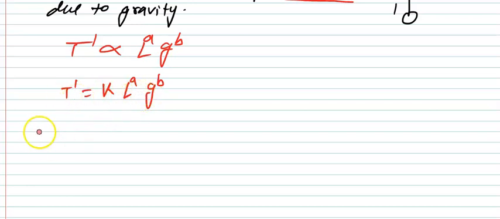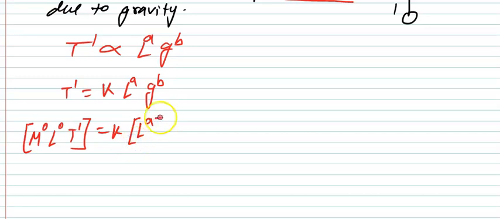Because t comes in the 7 base fundamental quantities, can I write m to the power 0, l to the power 0 and t to the power 1? k is a constant, so we do not concern ourselves with the constant. l to the power a, put in a square bracket. And what is the dimensional formula for the acceleration due to gravity? It is l to the power 1, t to the power minus 2, having whole power b.